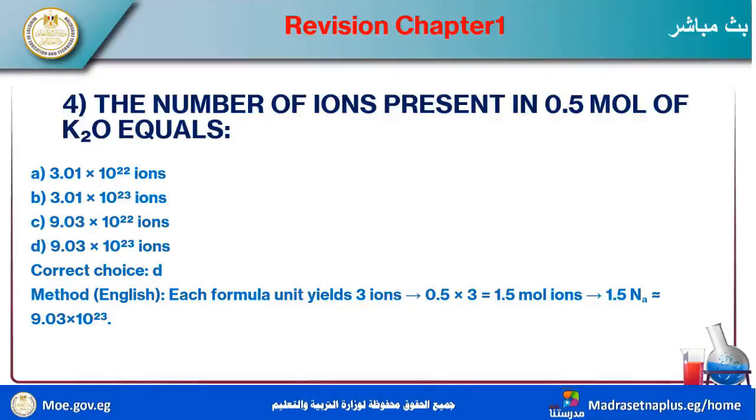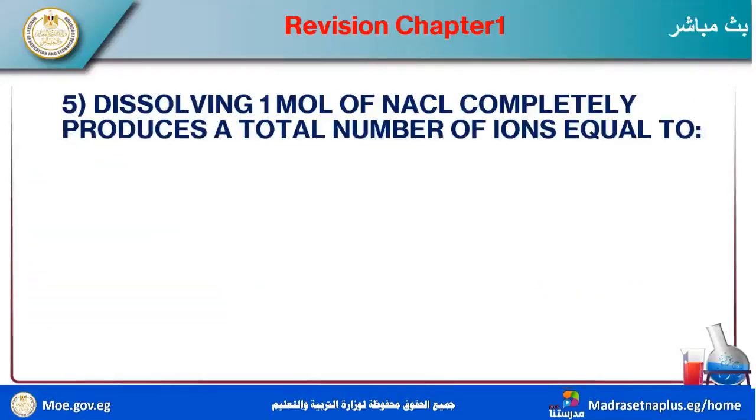Now we move to problem number 5. Dissolving 1 mole of NaCl completely produces a total number of ions equal to what? Focus on this problem to know how to calculate the number of ions when NaCl completely dissolves.